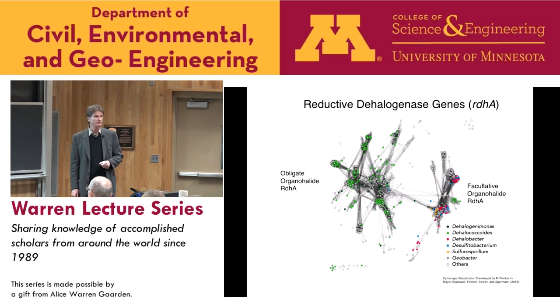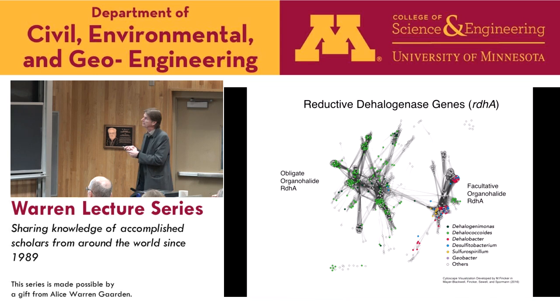So they belong to the Dehalococcoides group that dehalogenate vinyl chloride. On the other hand, these reductive dehalogenases belong to this facultative organohalide respiring organism. That's the organism that dehalogenates the first steps in this pathway. So on a molecular level, you can actually distinguish between these dehalogenases.